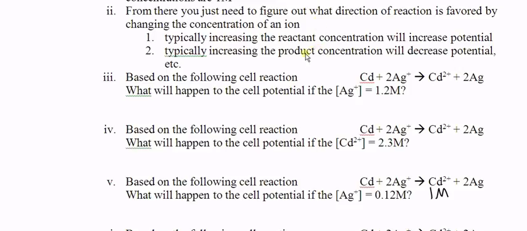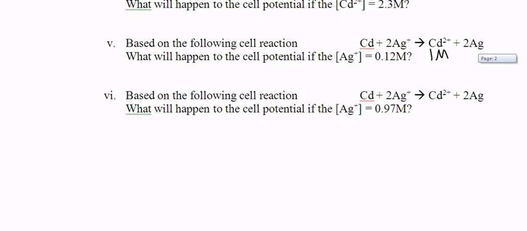Again, if we decrease reactant concentration, that will see a decrease in the cell potential. And so, in this case, we would expect cell potential to decrease.